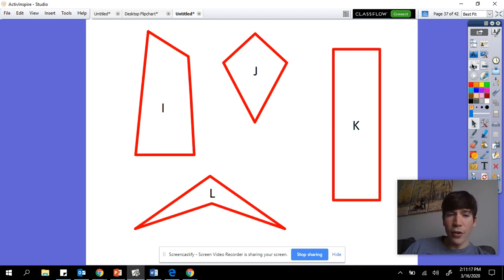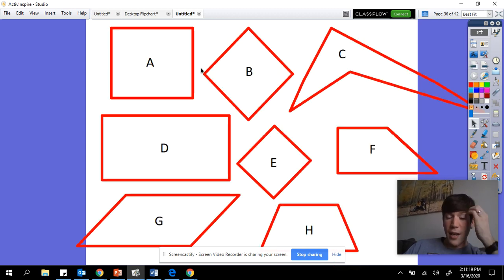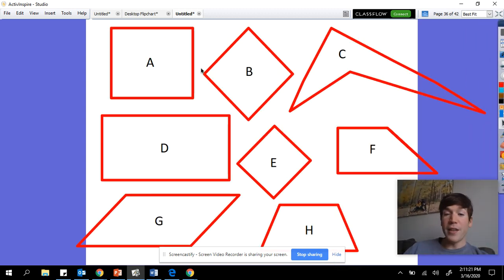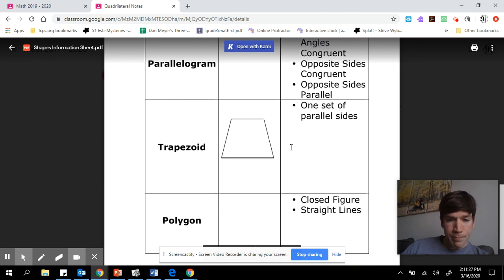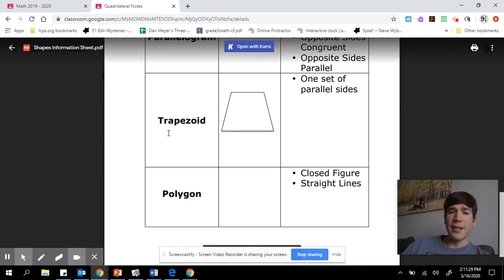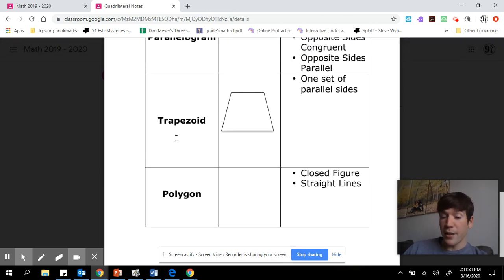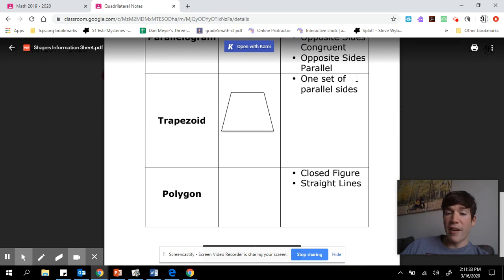Now, if we go back and look at our original shapes, there is one more category for these non-parallelograms, and that is a trapezoid. A trapezoid is a quadrilateral, so it's a polygon, and it only has one set of parallel sides. You'll notice here at the top and the bottom.